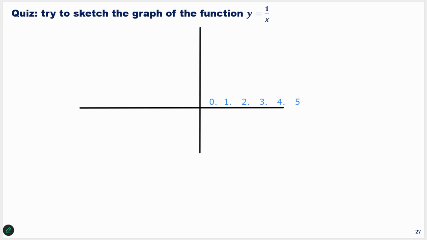If you draw the sketch of the function, it doesn't have to be that precise. As long as you can draw the overall shape, that's fine.